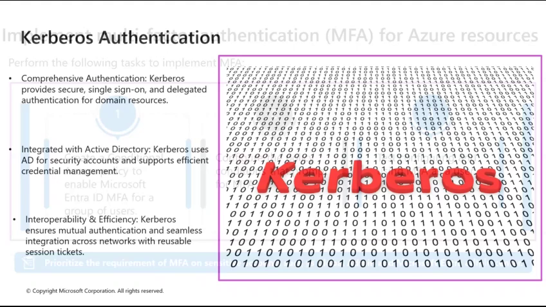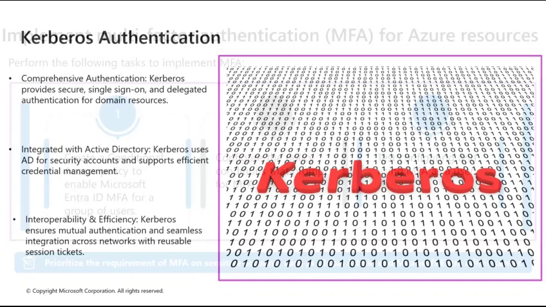It is a network authentication protocol that is used to prove identity between a user, which means a client, and a server, in a secure way over an untrusted network. That's Kerberos. It is named after the three-headed dog from Greek mythology because it relies on three key parts.